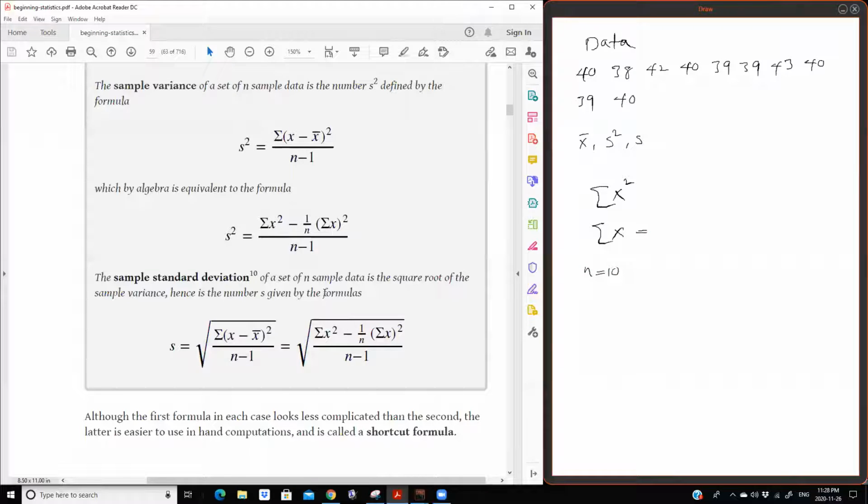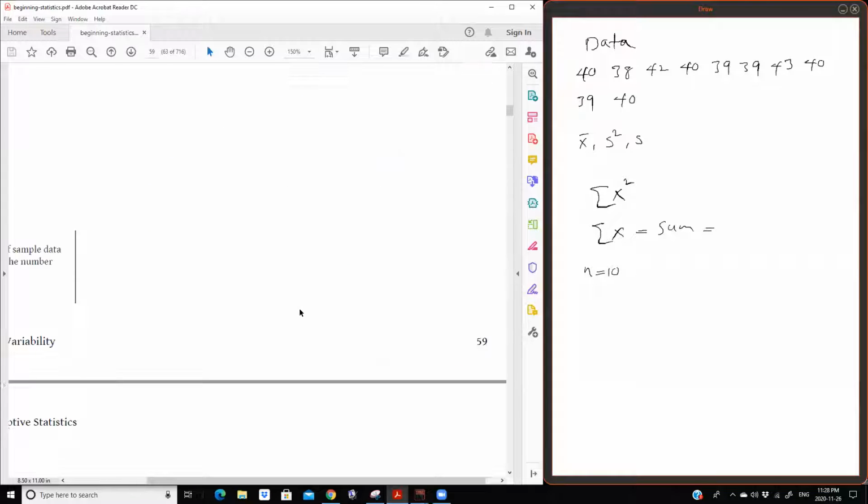So this is called the sum. You just need to add them all up, using a calculator.